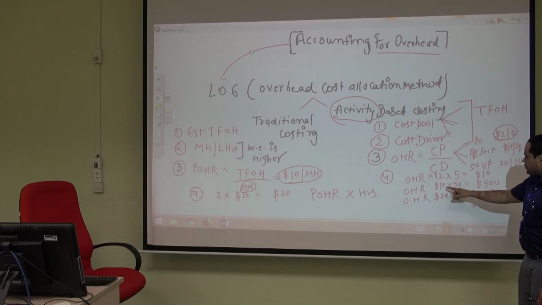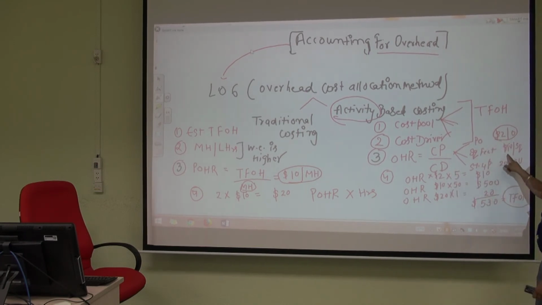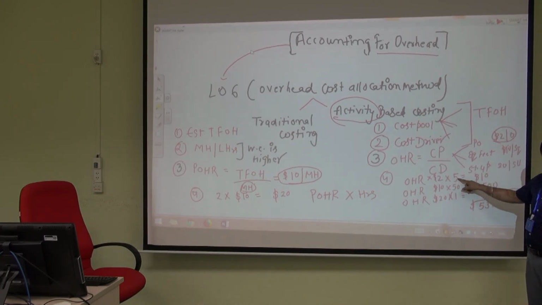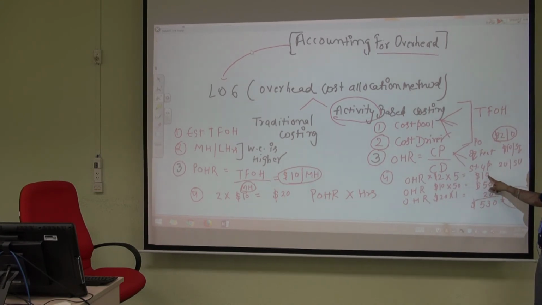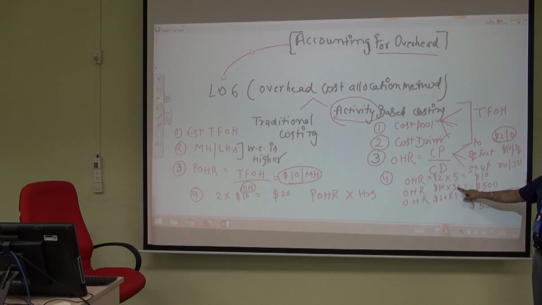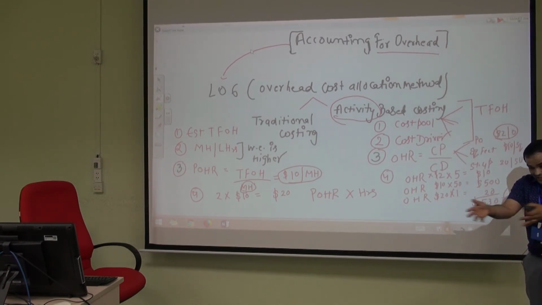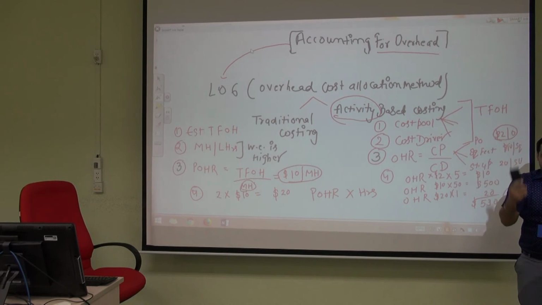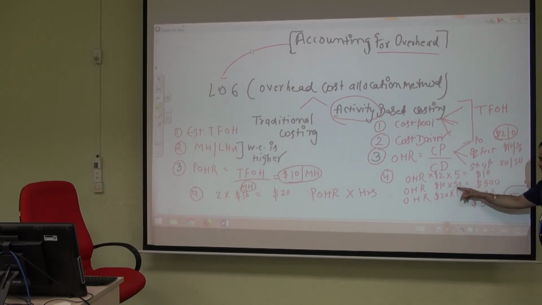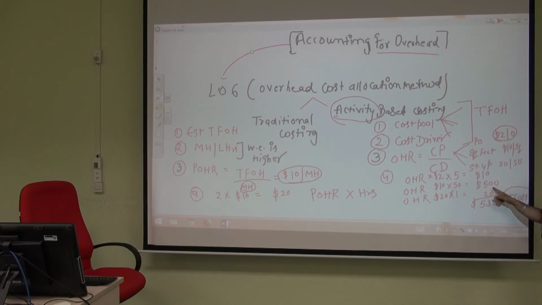For example, you order material 5 times to produce this product, so the cost is $10. And you use 50 square feet, the area you are renting to produce this product, so that means $500.